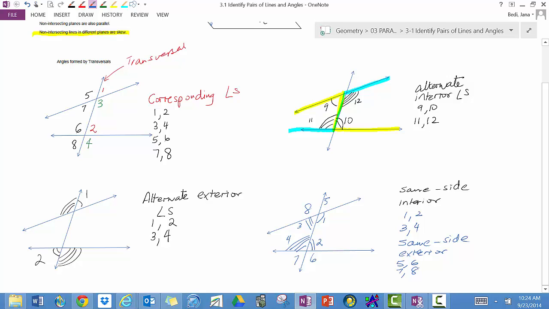Another word that can be used instead of same side is consecutive. Consecutive means same side, just same side. So same side interior or same side exterior.